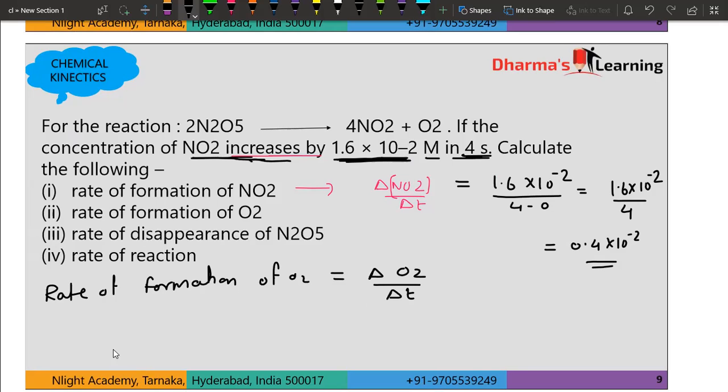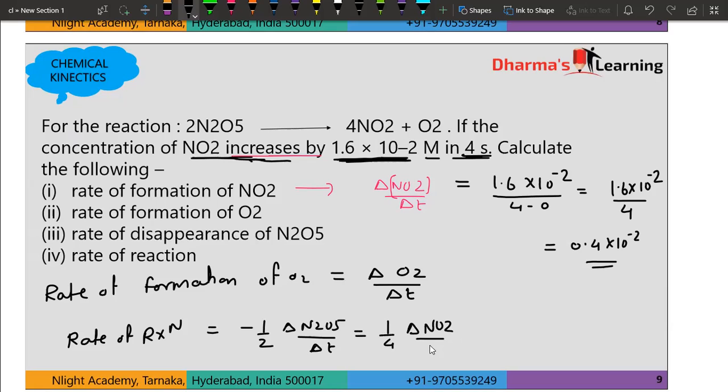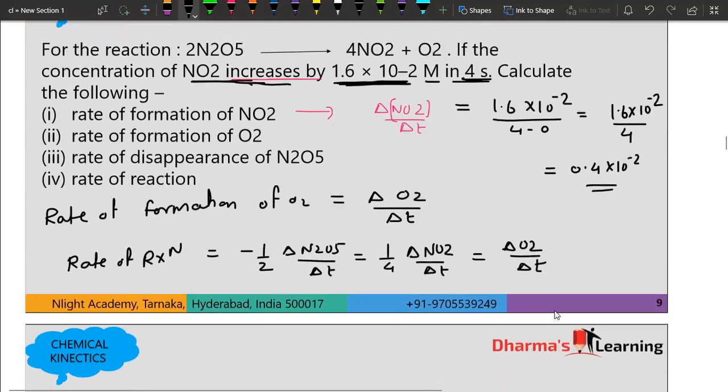The rate of reaction can be written, with respect to the stoichiometric coefficients, as minus 1 upon 2 change in N2O5 divided by change in time, which equals plus 1 by 4 of change in concentration of NO2 divided by change in time, which equals the change in concentration of oxygen divided by change in time. Now focus here.